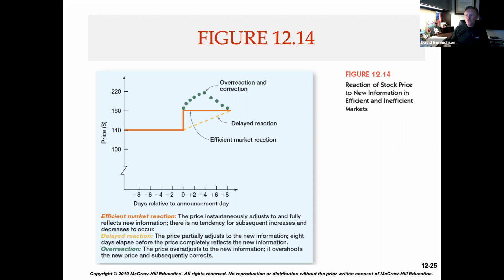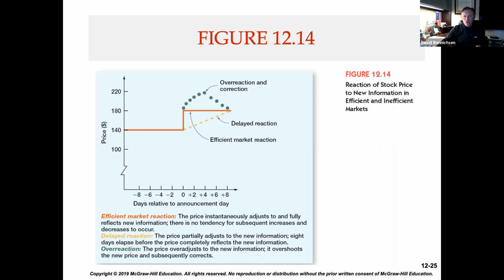And in the case of a coronavirus vaccine, we probably would experience something like an overreaction, where the price actually pops up a little bit higher than what the fair price is. There would be a lot of euphoria in the market, a lot of buyers wanting to get in on this new vaccine to cure the pandemic, which would pump the price beyond what the efficient market price would suggest.